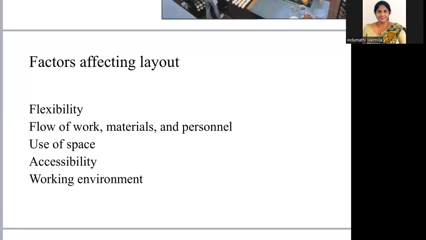So overhead space can be utilized to run cabinets, pipeline, and conveyors. Also the overhead space we can use. Then space means not only the floor space, right? We can use that space also.